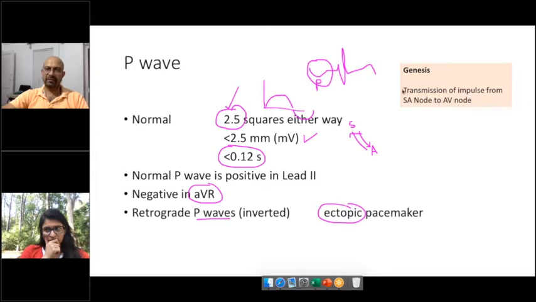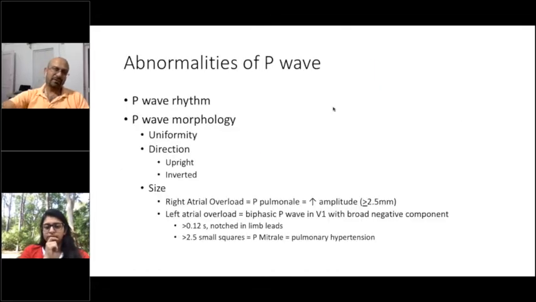So the genesis of the P wave, again to remind you, is because of the transmission of impulse from the SA node to the AV node. So the P wave can be abnormal if it has an abnormal rhythm or an abnormal morphology. In terms of morphology, you need to see whether it is uniform. That means each P wave has the same shape.